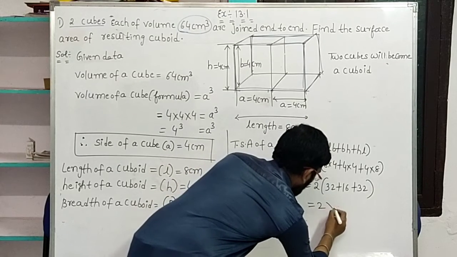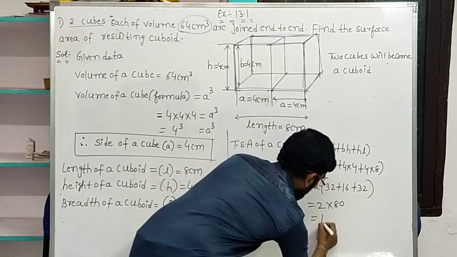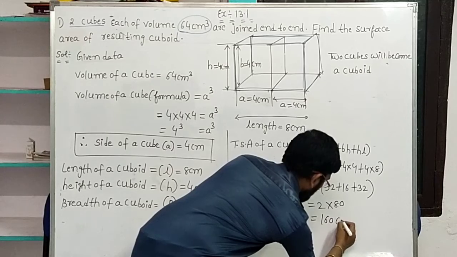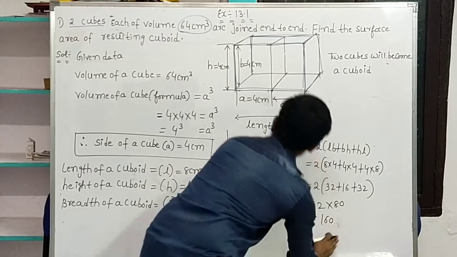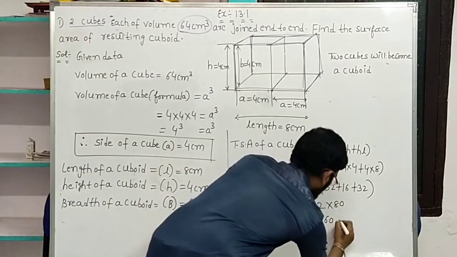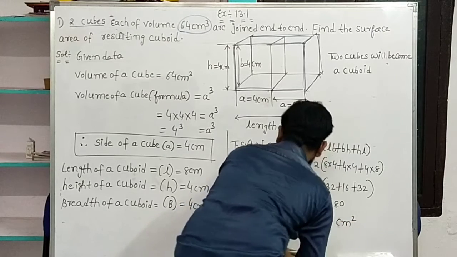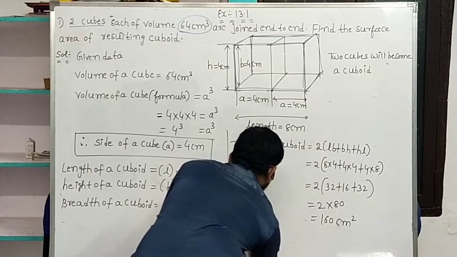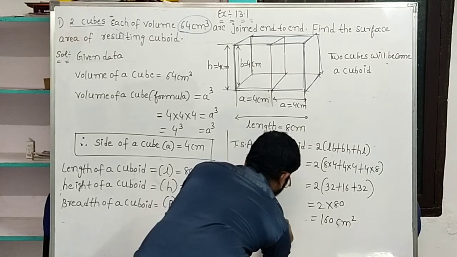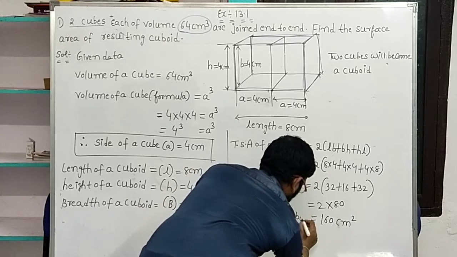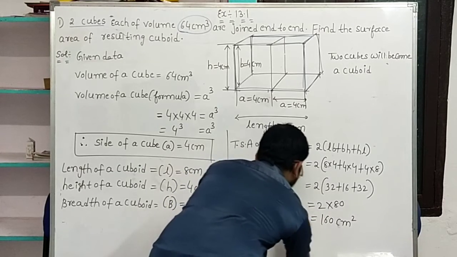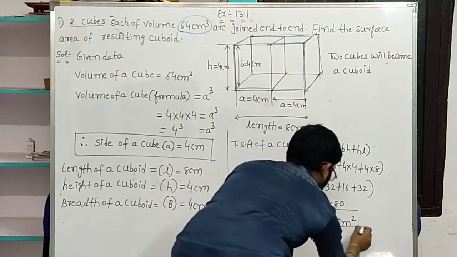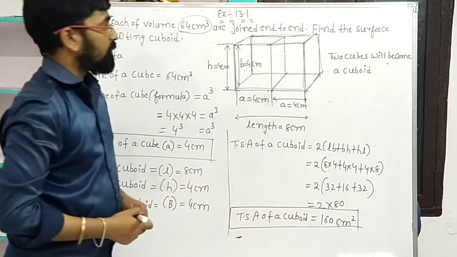So 2 times 80 is equal to 160 centimeter square. So the TSA of the cuboid is equal to 160 centimeter square.